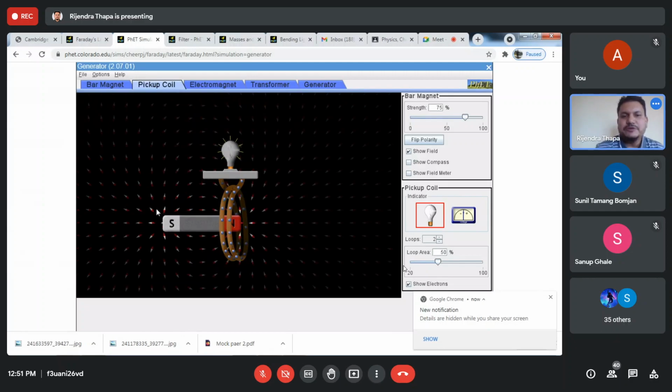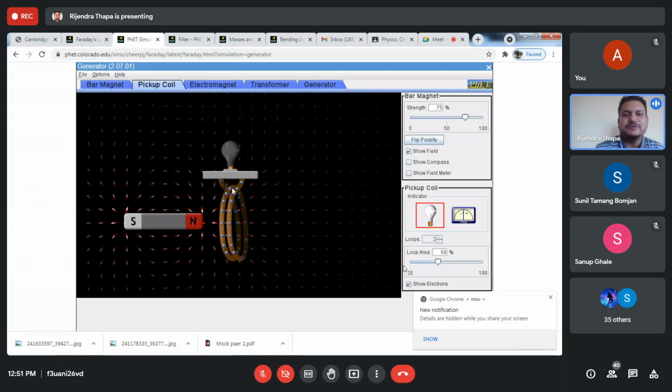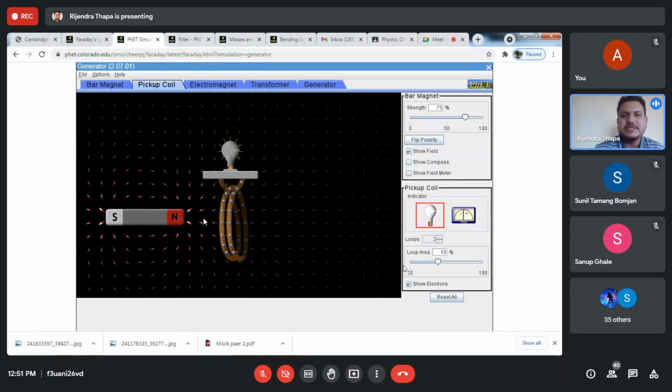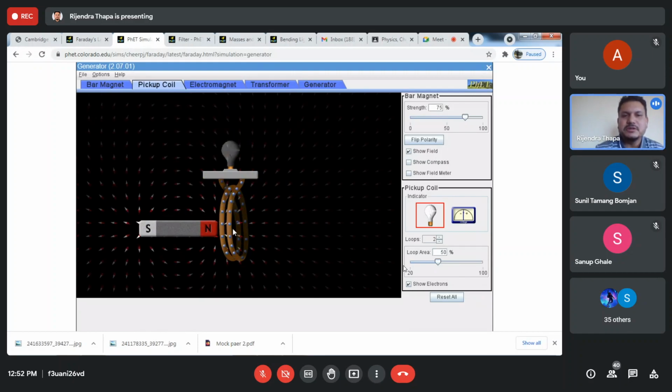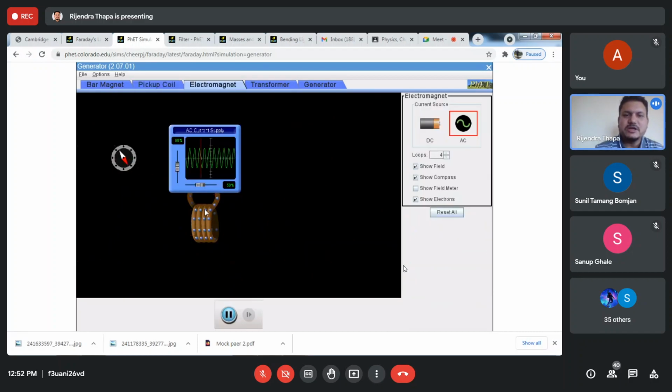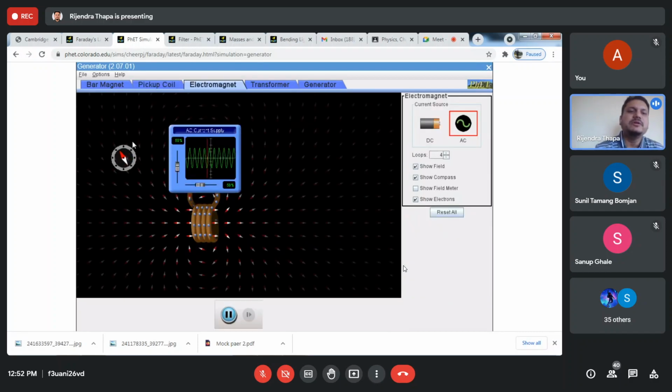So here, as we change the magnetic field, what is it doing? It's moving this charge. As we change the magnetic field, the charge is in motion. Now, as the charge is in motion, please try to understand it properly: the charge in motion will again create a magnetic field.